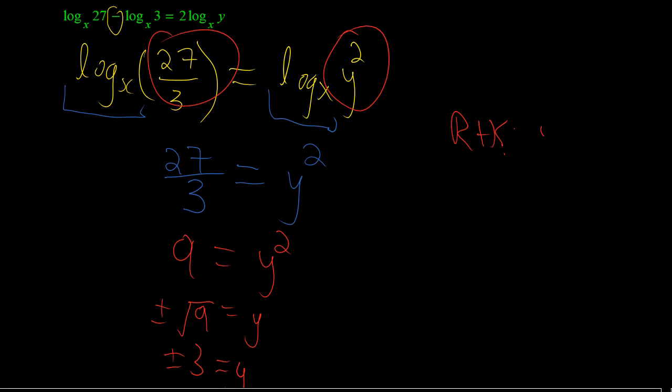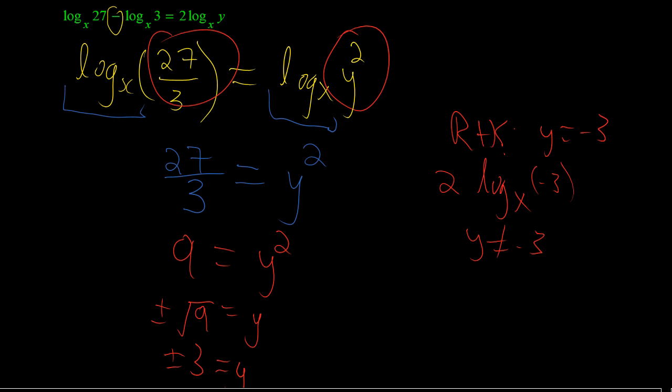When we say y is negative 3, we're essentially saying the right-hand side would become log base x of negative 3. And, of course, we know it doesn't matter what the base is. Negative 3 is not in the domain. So y cannot be negative 3.